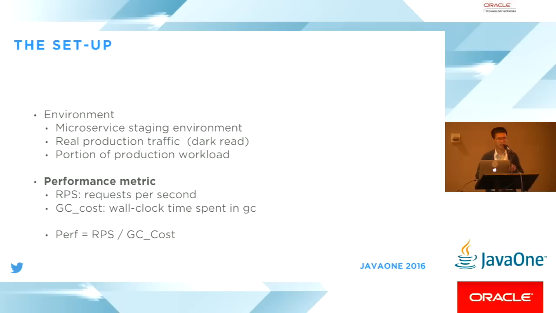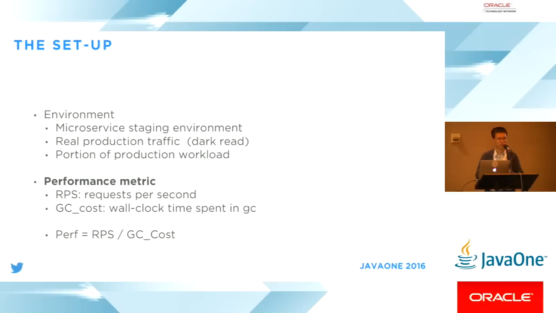And about the evaluation environment, since our eventual goal is to apply the tuning approach to a production version of a microservice, we decided to gain experience in a so-called staging environment. The staging environment will receive real production requests, although these requests are read-only.